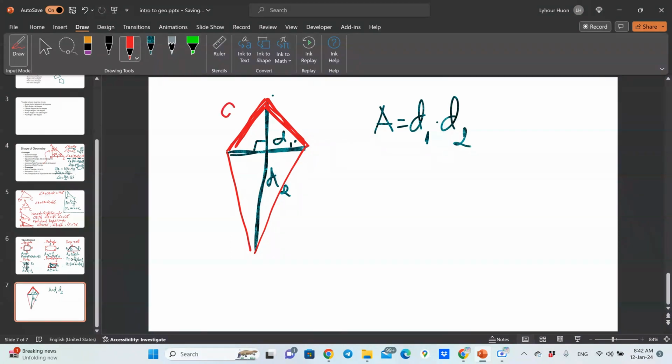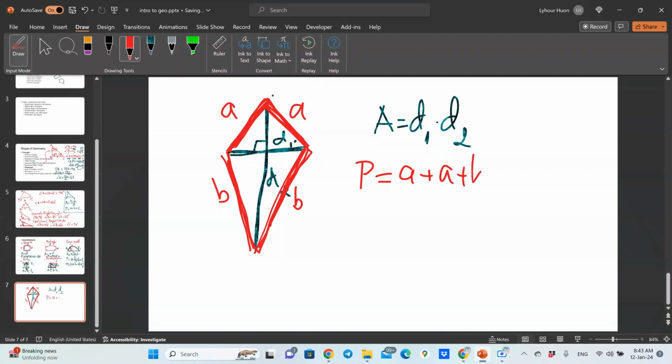If this side is A, this side is also A. And if this side is B, this side is also B, because adjacent sides are equal. Then to find the perimeter, we need to add all the distance around the shape. So A here plus A here plus B plus B.